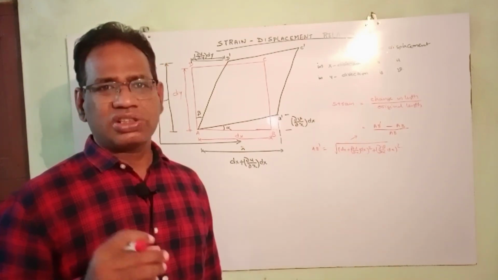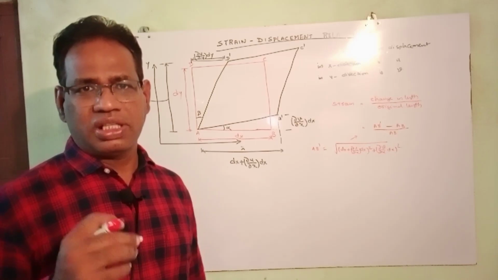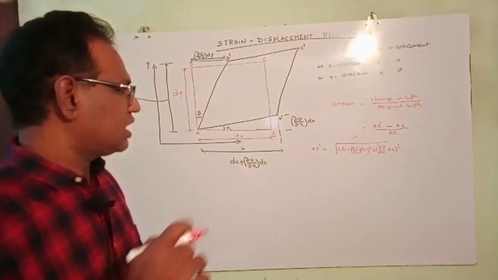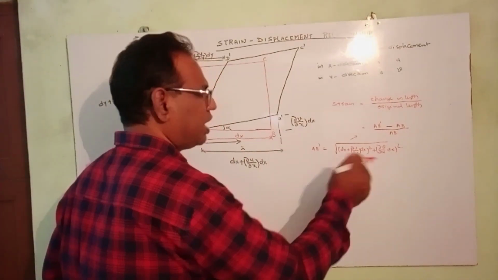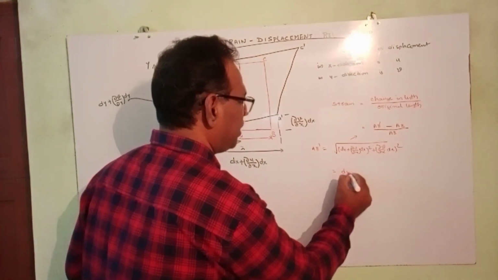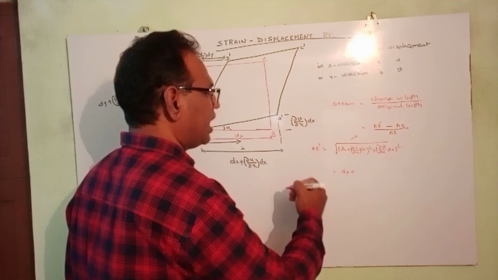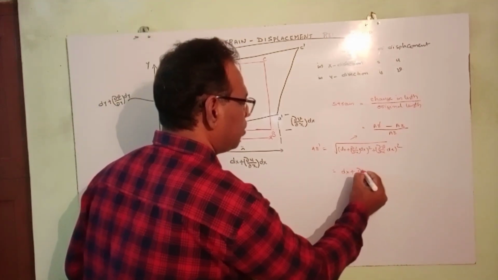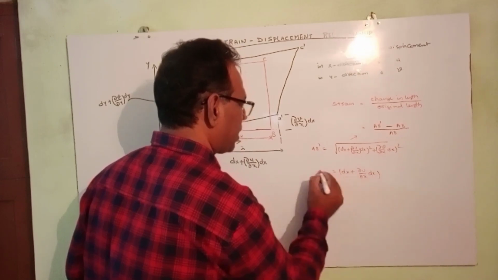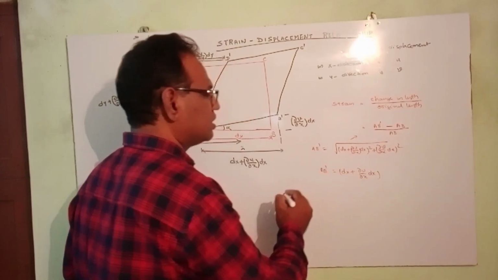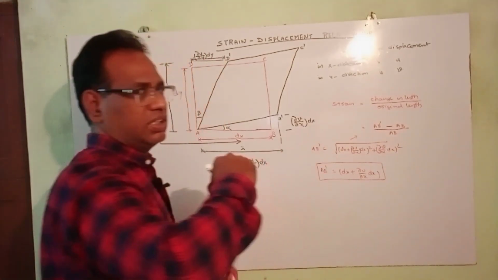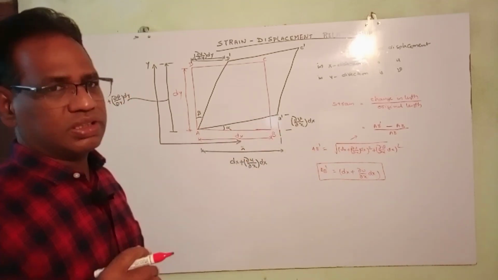Similarly, ∂v/∂x is also negligible, and its square becomes still more negligible. So after eliminating the small terms in the expansion, AB dash is directly equal to dx plus ∂u/∂x into dx. Neglecting all small quantities, this is the change in length.